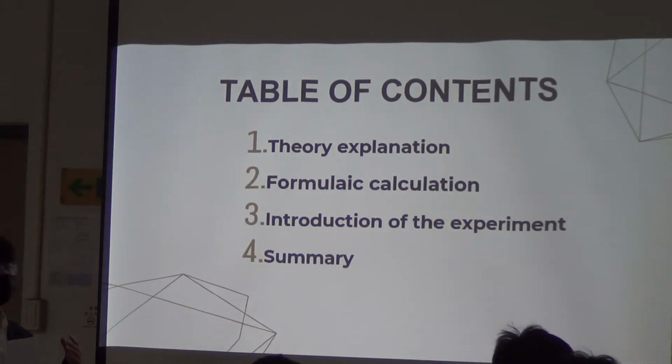So let's take a look at our table of contents first. First, we'll do some theory explanations about how we get the proportions of this dice. Second, we'll talk about some formulaic calculations. Third, the introduction of the experiment, and the fourth will be the summary and the conclusion.